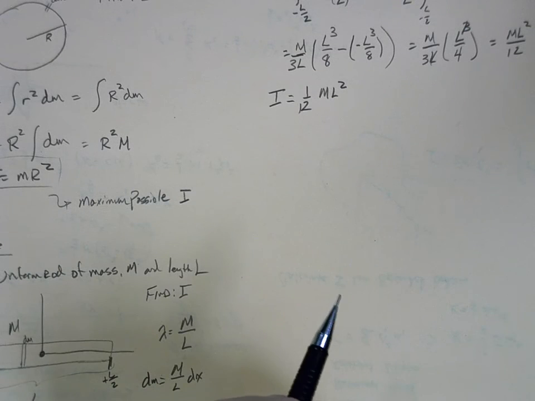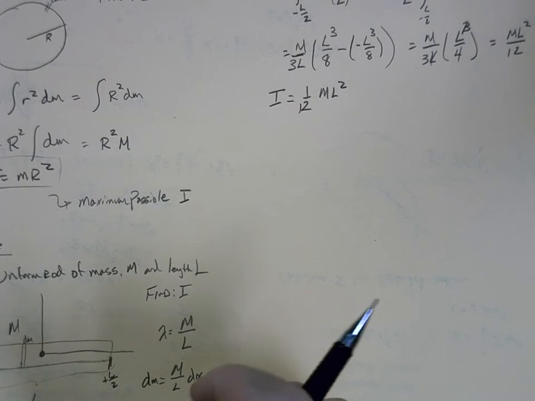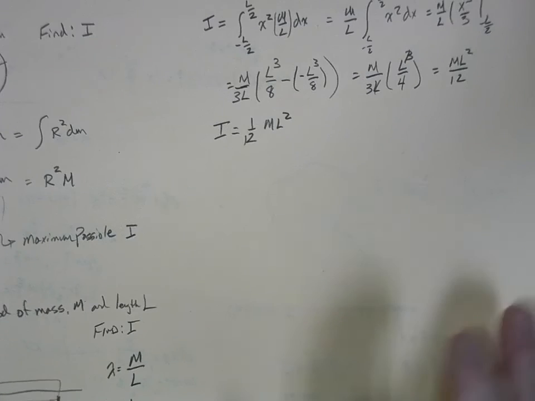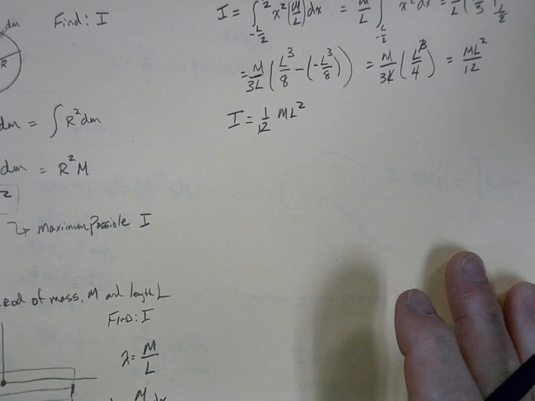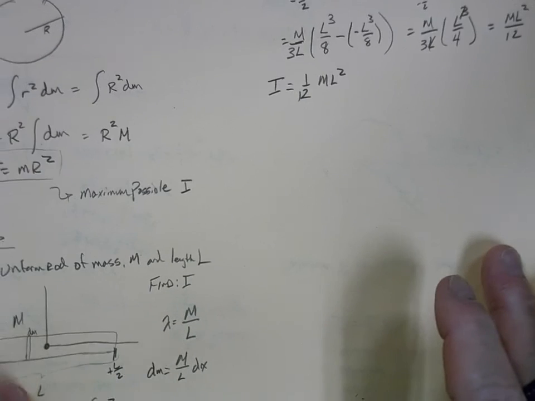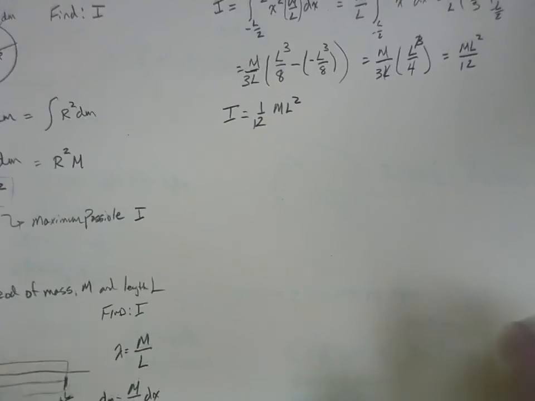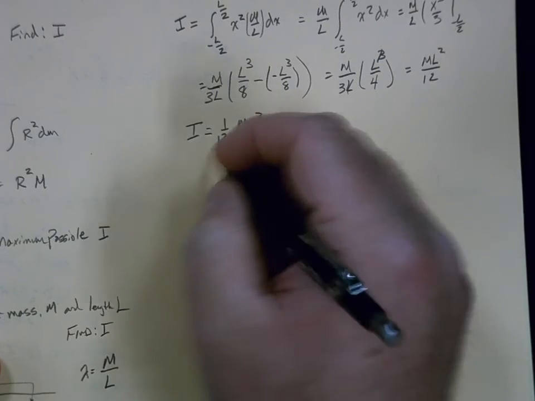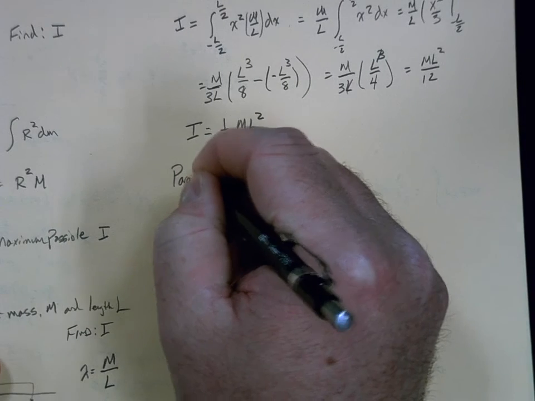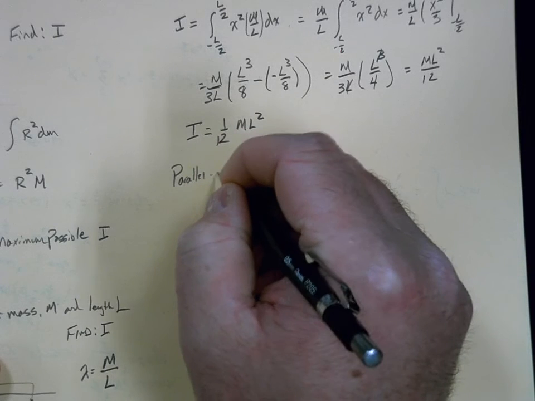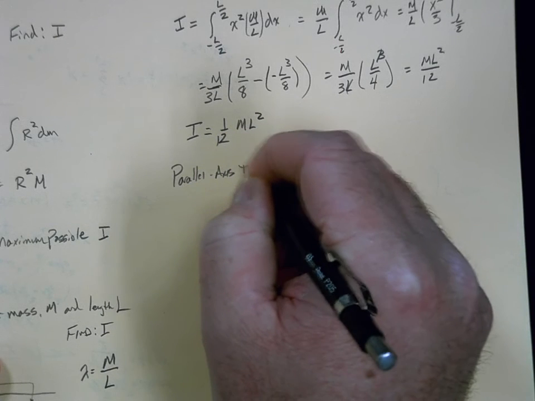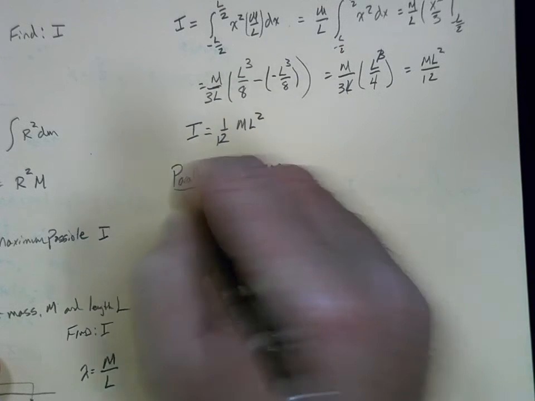Now, you may be asking yourself, well, what if it's not spinning in the center of mass? What if it's spinning somewhere else? And I'm just going to tell you what happens with it. This is called the parallel axis theorem.